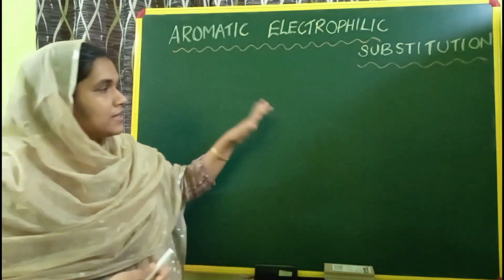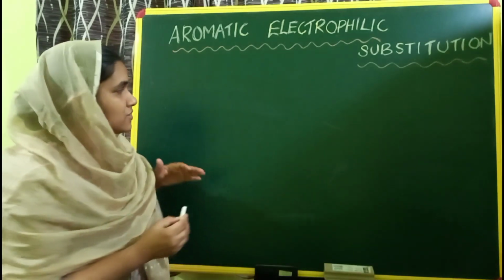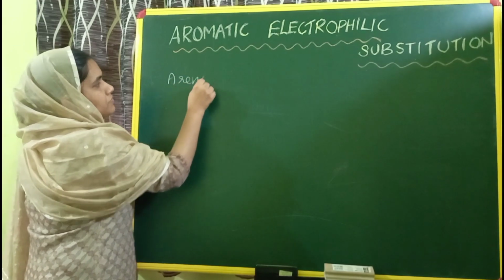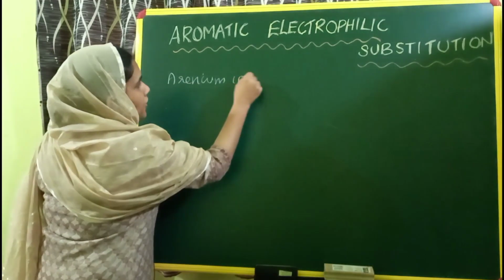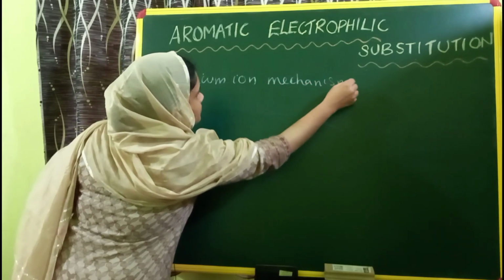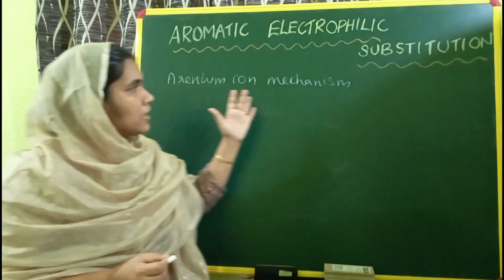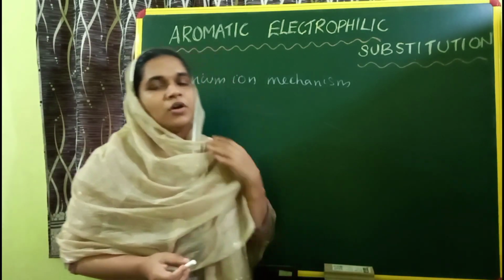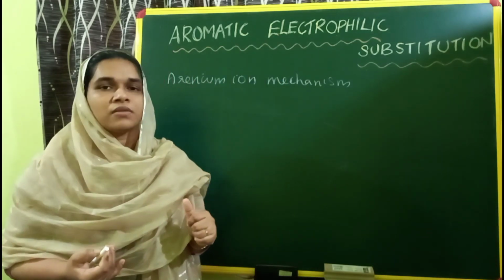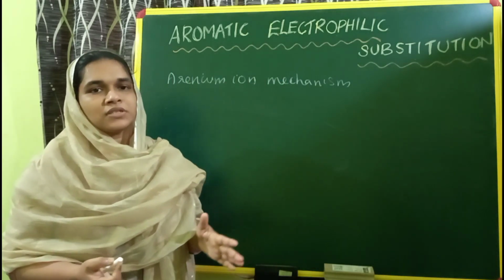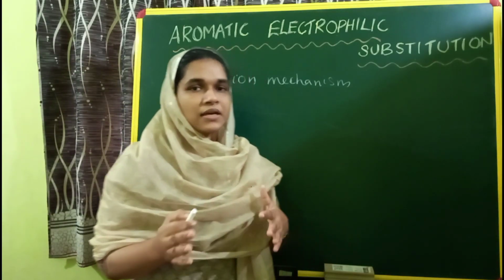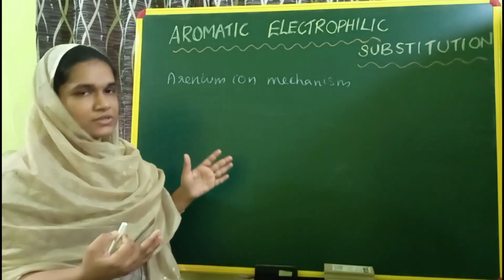Here the major mechanism is the arenium ion mechanism. If you look at this mechanism, you can see that for every example of aromatic electrophilic substitution reaction, the formation of the electrophile may be different, but the next step will always be similar.